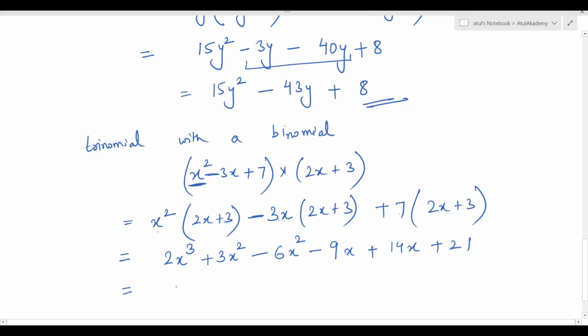Let us check for like terms. Yes, we do have like terms over here. This is 3x square minus 6x square, so it will become minus 3x square. Again we have like terms over here. So minus 9 plus 14 will be how much? It will be 5x, 14 minus 9 is 5, plus 21. Now no like term is left over. So this is my answer.